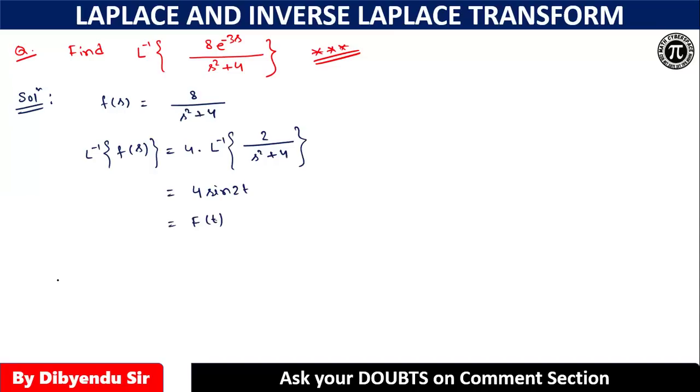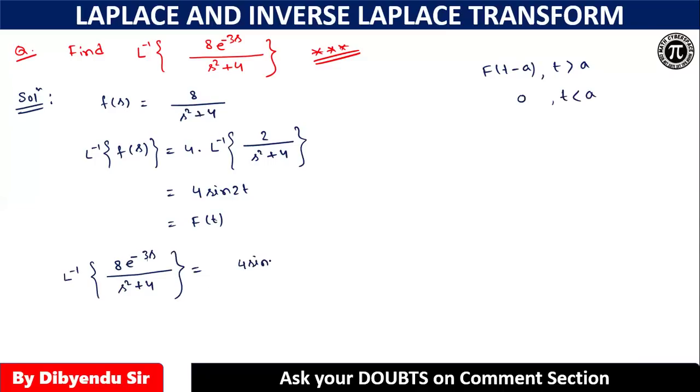Now according to the second shifting property, Laplace inverse of 8 e to the power minus 3s divided by s square plus 4 equals, by the formula, f of t minus a when t is greater than a and 0 when t is less than a. So you get 4 sine 2, where t is replaced by t minus a.